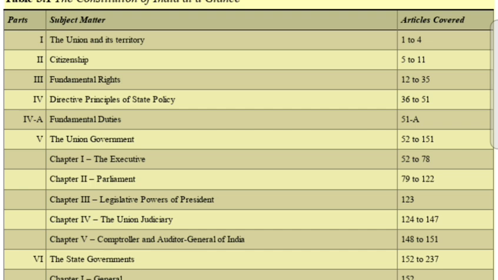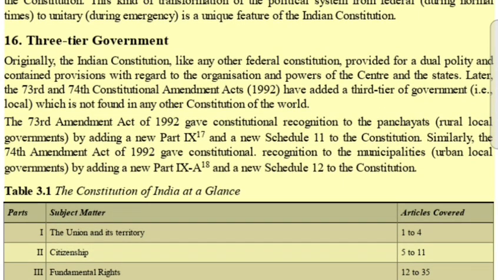16. Three-tier government. Originally, the Indian Constitution, like any other federal constitution, provided for a dual polity and contained provisions with regard to the organization and powers of the center and the states. Later, the 73rd and 74th Constitutional Amendment Acts, 1992, have added a third tier of government, i.e., local, which is not found in any other constitution of the world.